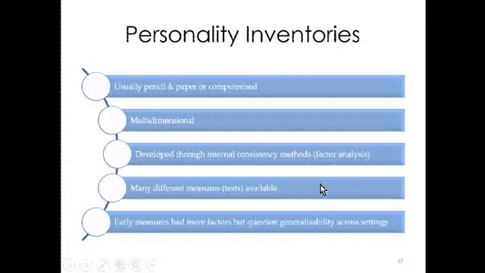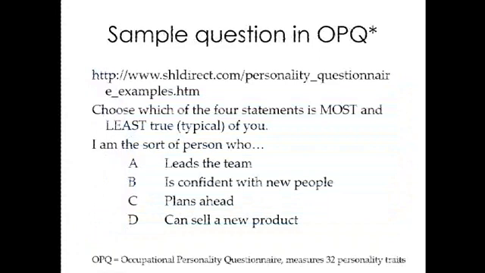And there are many of these tests available, typically proprietary. So there are companies that develop tests for various kinds of jobs where, well, at least they claim that their tests predict outcomes of interest for these jobs. Now, one of the most common of these is the OPQ, the Occupational Personality Questionnaire.